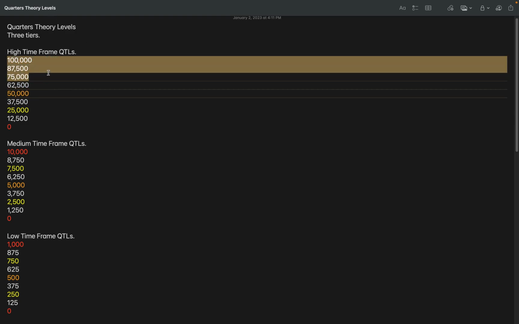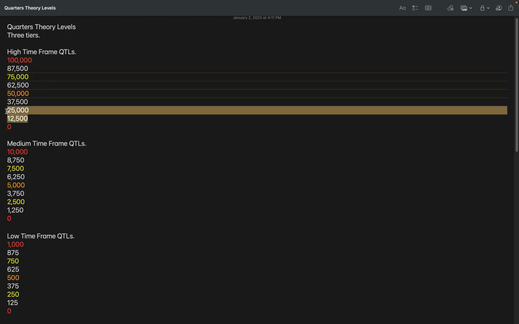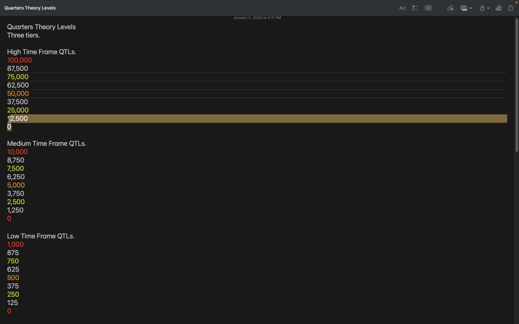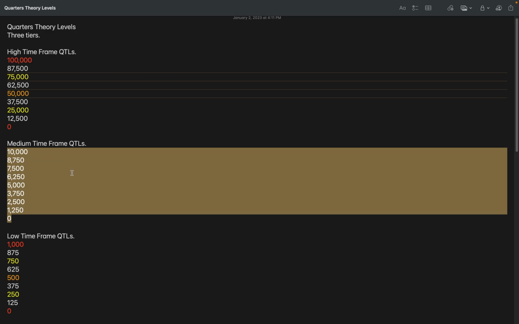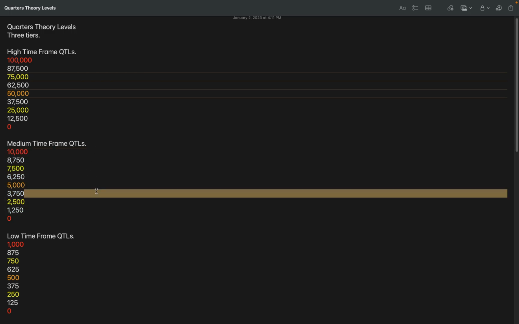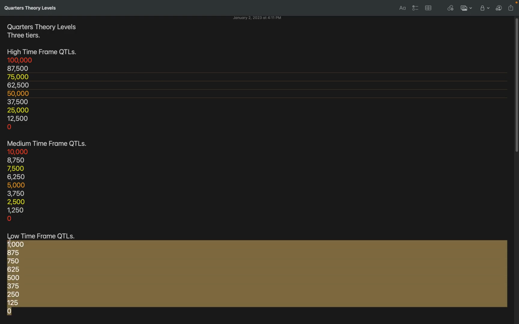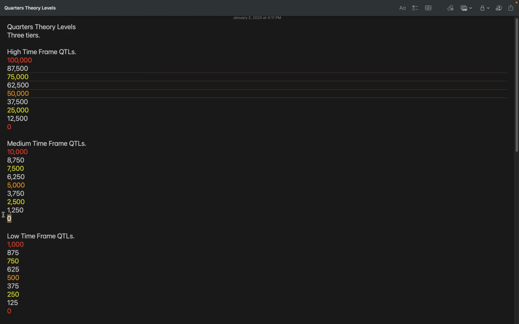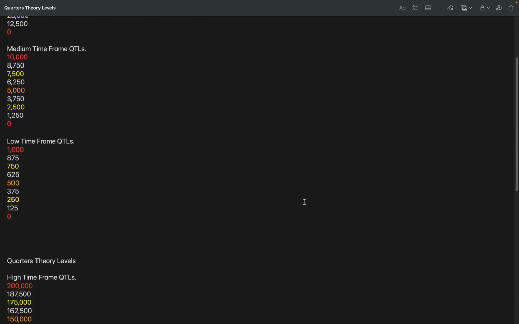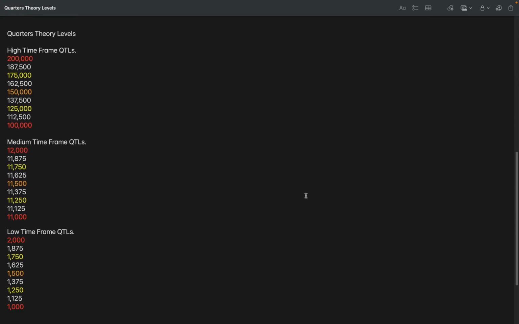You have this range here, and then this range inside that, okay? And then you have this range, and this range is inside this range, and this range is inside this range. Got it? All right, now moving down to a more practical example here.